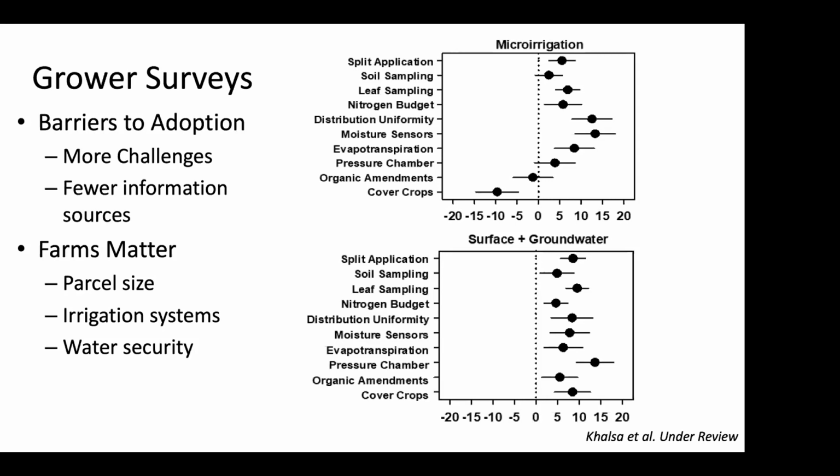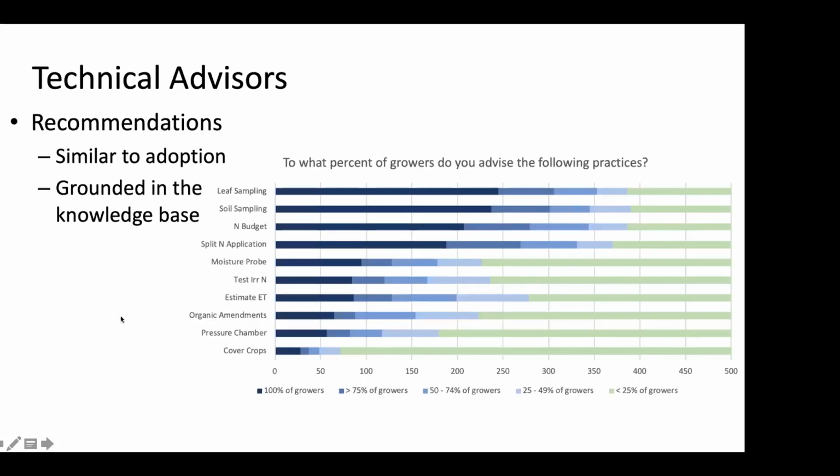We thought of that as a proxy for water security. In those cases, indeed, we saw positive effects on adoption for all practices when it came to growers that had more water security. And that could very well be because if you have greater water security, you have more time and resources to focus on other parts of farming on those particular parcels. So we found that to be a unique finding.